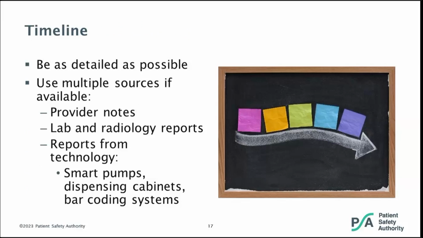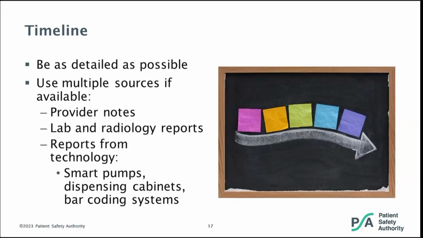When you're creating a timeline, you'll want to include as much information as you can obtain to help better paint a picture of what happened. Doing so can help give an understanding of what led up to the problem and ultimately identify the problem that needs to be addressed.